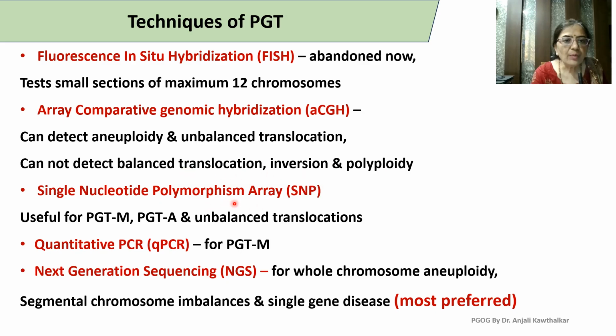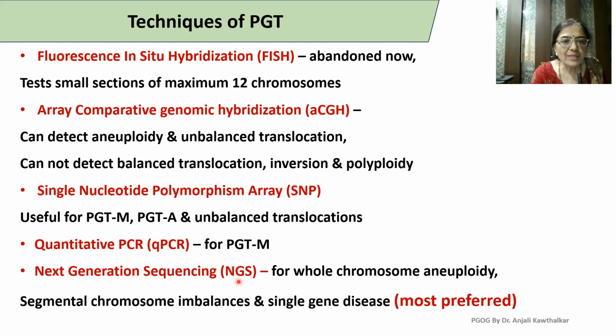Single nucleotide polymorphism array, SNP, is useful for both PGT-M and PGT-A and for detection of unbalanced translocation. Quantitative PCR helps mainly for specific monogenic disorder detection.